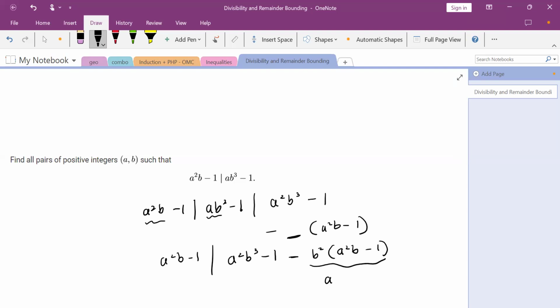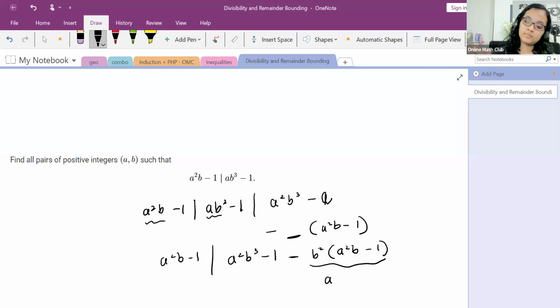Because you multiplied the entire thing by A. Yeah, A squared B cubed minus A. So here you're essentially getting rid of this term when you're subtracting this. So try doing something like that and try getting some conditions.